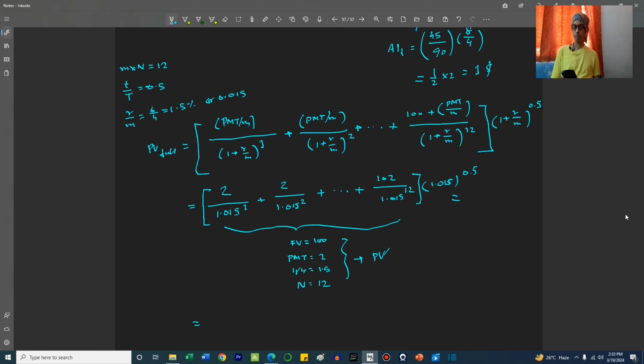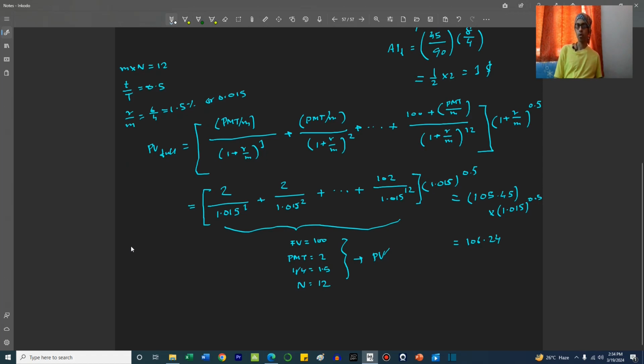This comes to be 105.45 into 1.015 to the power 0.5. This is equal to 106.24.